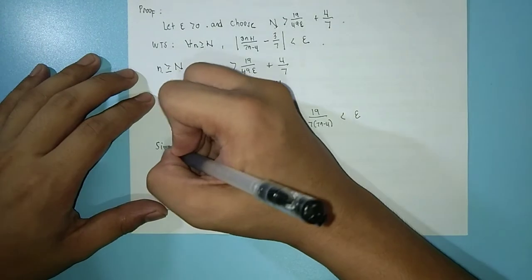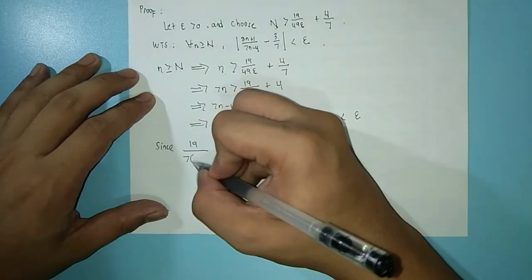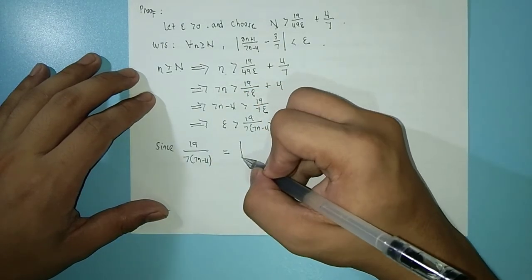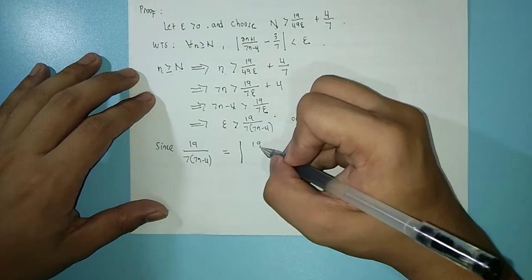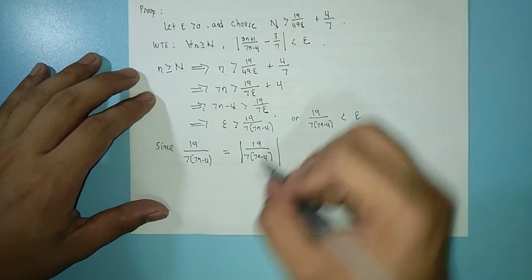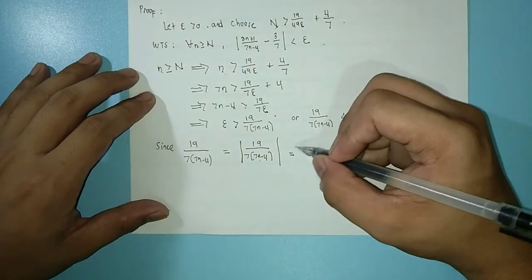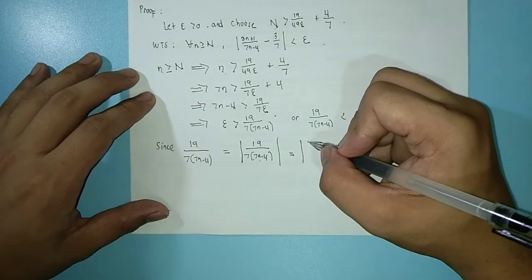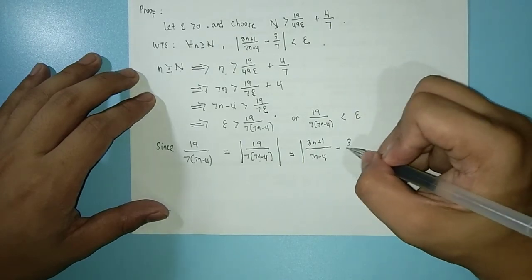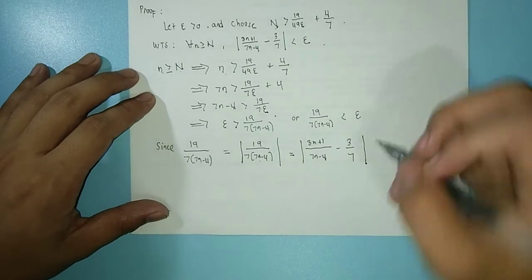But since yung 19 over 7 times (7n - 4) ay equal sa absolute value ng 19 over 7 times (7n - 4), since yung n ay natural number, and this is equal doon sa original natin na (3n + 1)/(7n - 4) minus 3/7. So, yan yung kinompute natin kanina. No?